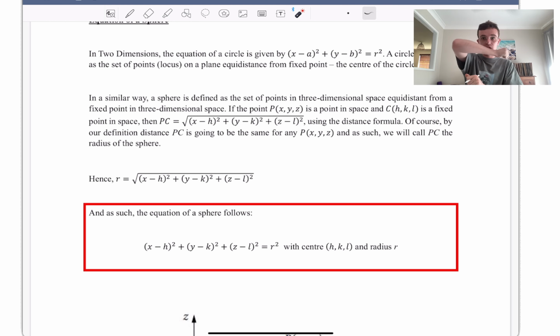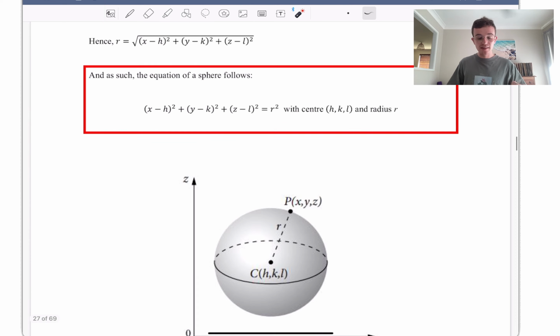So no matter where it is, it has to be the same distance by the definition we chose. So we're going to call PC the radius of the sphere, which means the radius is equal to that. Now if we square both sides, we're going to get this is the equation of a sphere. So this is my equation of a sphere with radius r and centre h, k, l.